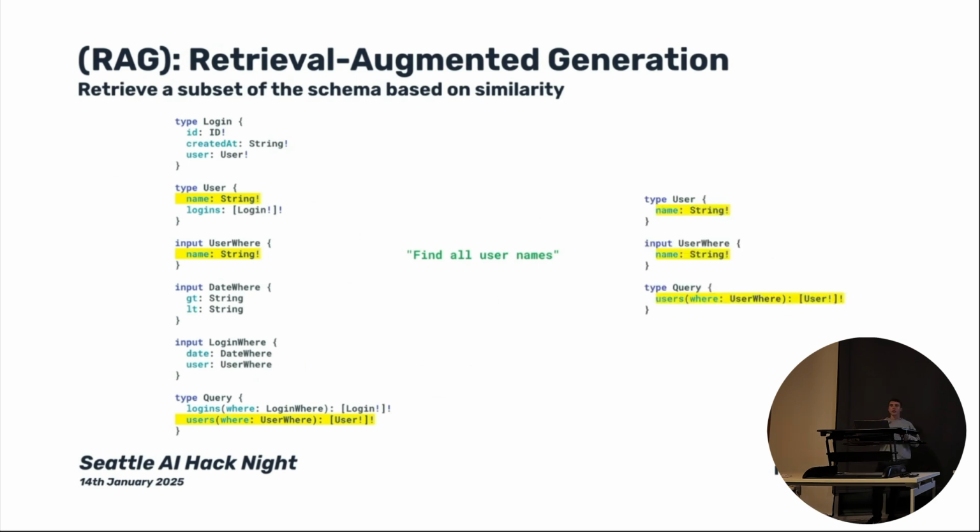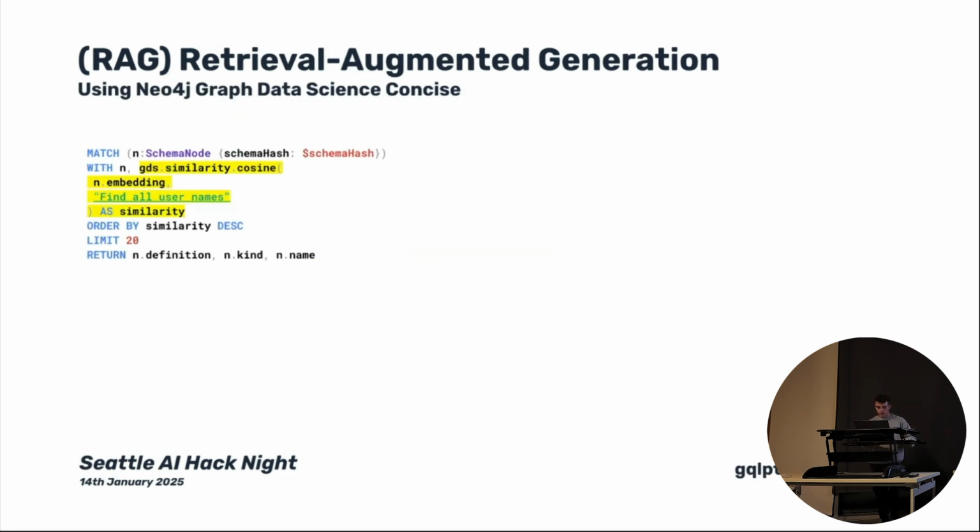And then we can mash that together and have a partial schema that we can ultimately send to our large language model that's going to be a lot more precise, and it's also going to reduce the chances of hallucination and wasting extra resources.